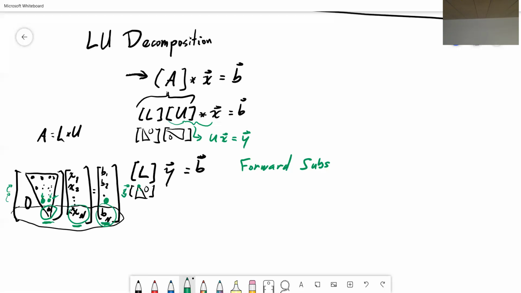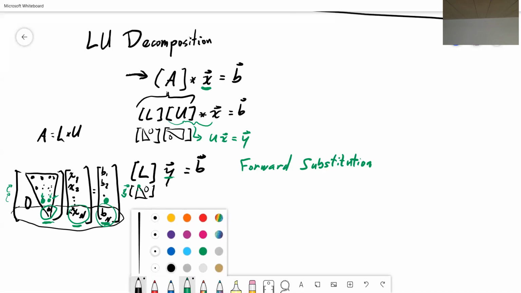It's exactly the same as backward substitution. It just goes from the top to the bottom. So it is very simple for us to solve for the y's. But the fact is that we don't really care about the y's. The solution for our linear problem is the x's.